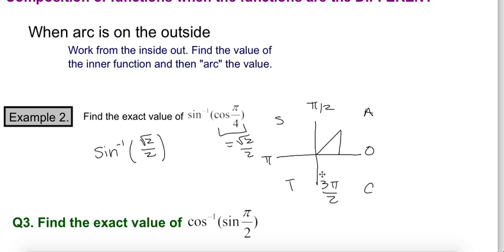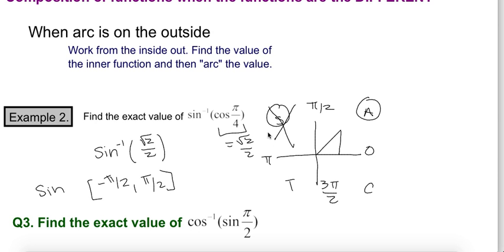So my y values are going to be positive, sine is positive in the first and second quadrants, but don't forget the domain restriction on sine meant that the domain of sine when we're talking about arcsine is from negative pi over 2 to pi over 2, which means that our answer cannot come from the second quadrant.